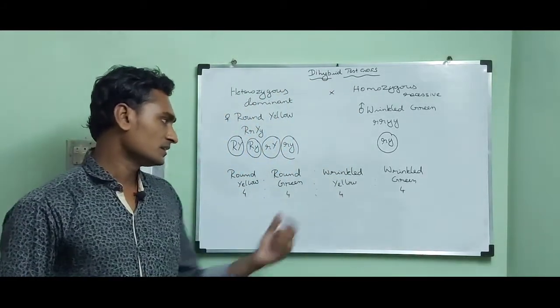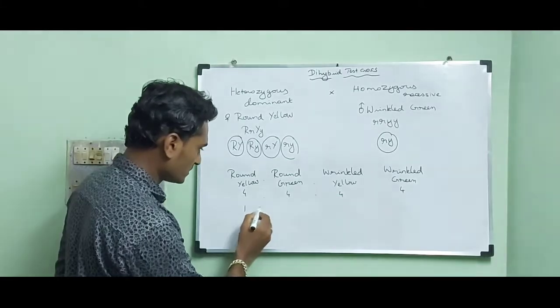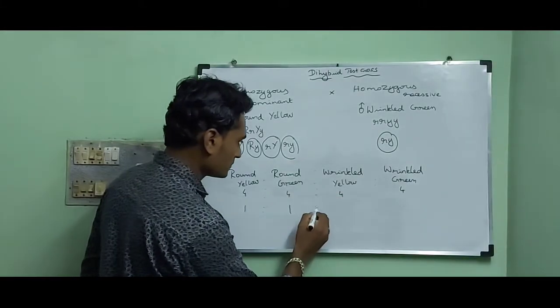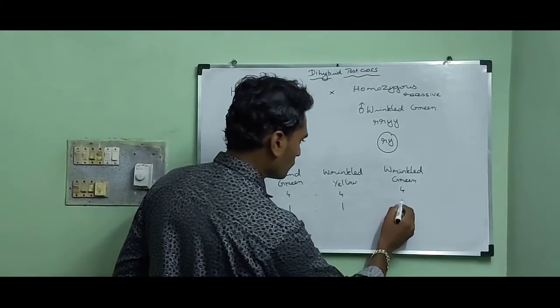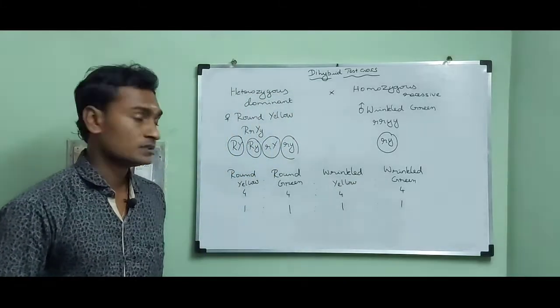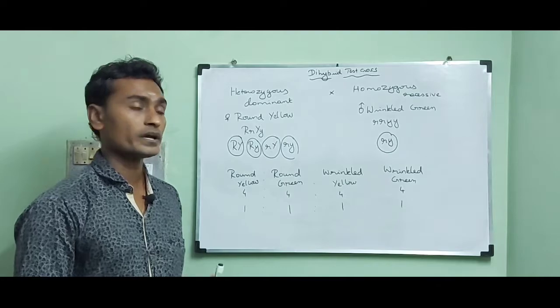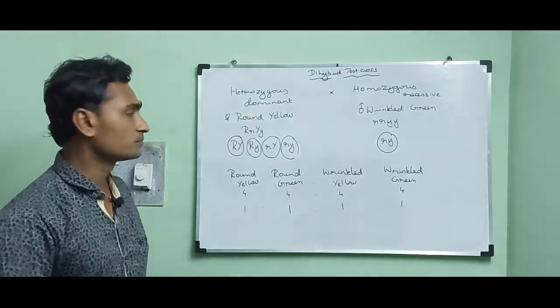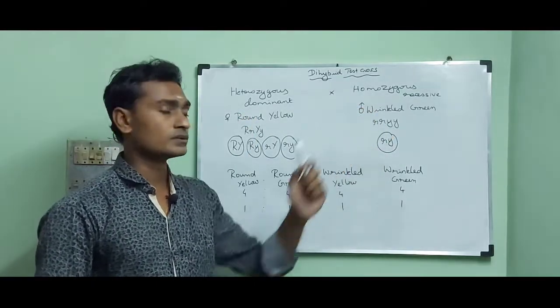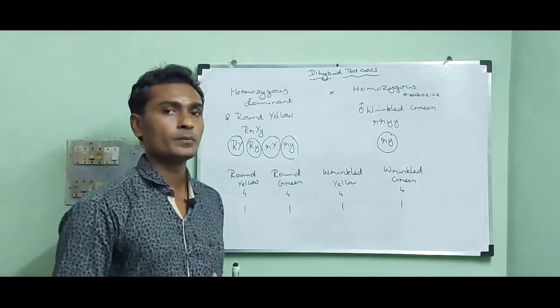It can be written as 1:1:1:1. So this is the ratio we get when a heterozygous dominant parent is crossed with the homozygous recessive parent.